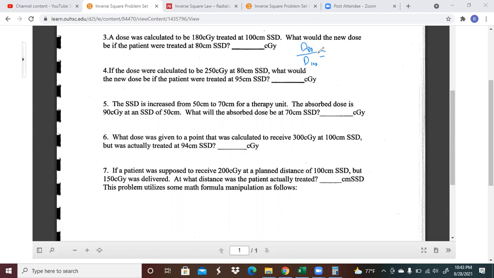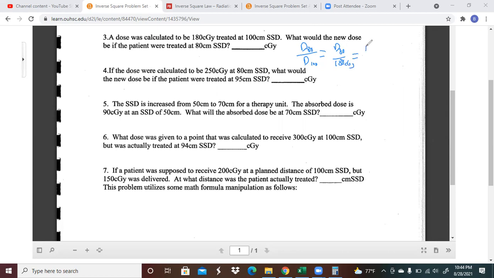So now we don't know what this is. We do know that the dose at 100 equals this.